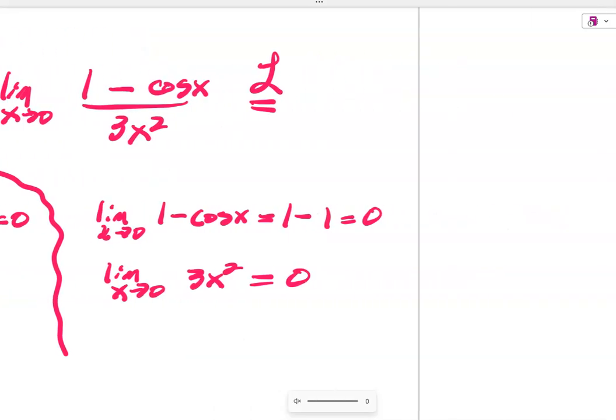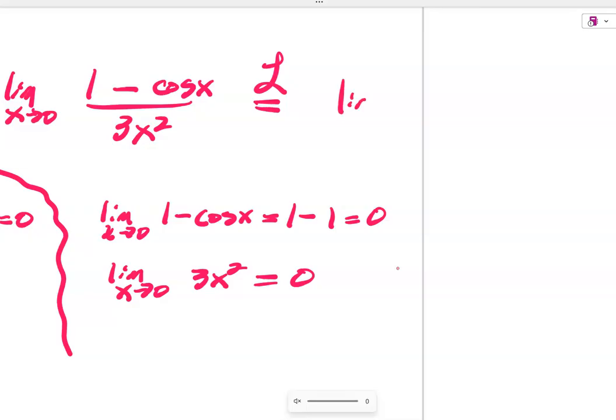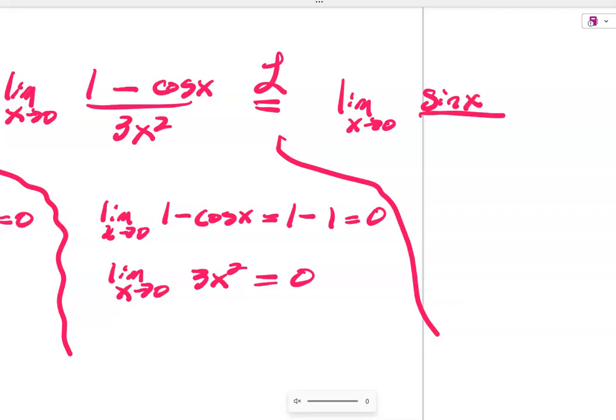Do L'Hopital's rule again. By the way, notice what I'm doing. I'm going to continue to write this limit. I'm not going to just skip that over. And the derivative of 1, hey, that's 0. Derivative of negative cosine, well, the derivative of cosine is negative sine, so negative sine becomes positive sine. Down below, I've got 6x.